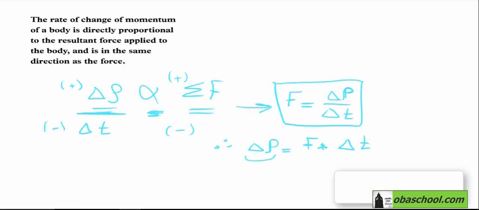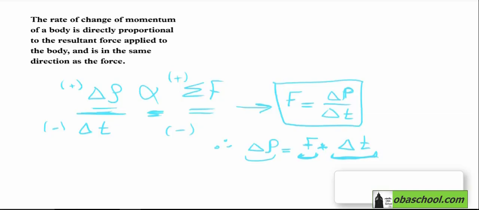So the change in momentum is equal to the force, which is the magnitude, times the amount of time, or we can also say the time span that was taken to apply the force itself.